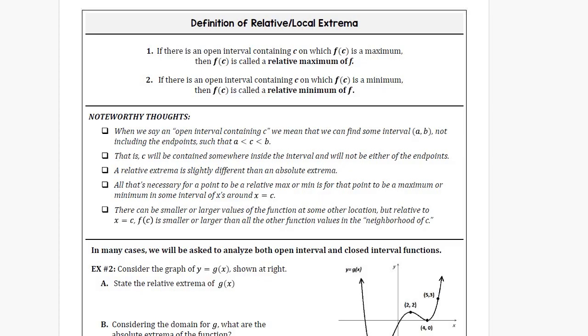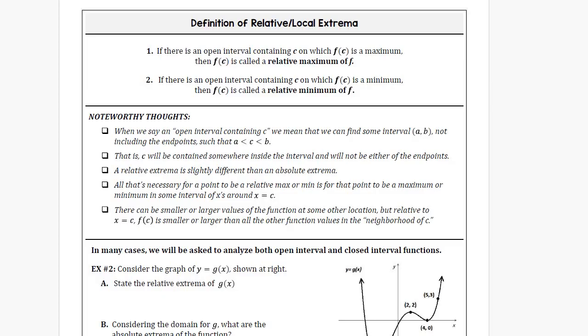Now, if there is an open interval containing c on which f of c is a maximum, then f of c is called a relative max. Same thing if there is an open interval containing c where f of c is a minimum, then f of c is called a relative minimum. When we say open interval containing c, we just mean that we can find some interval that doesn't include the endpoints.